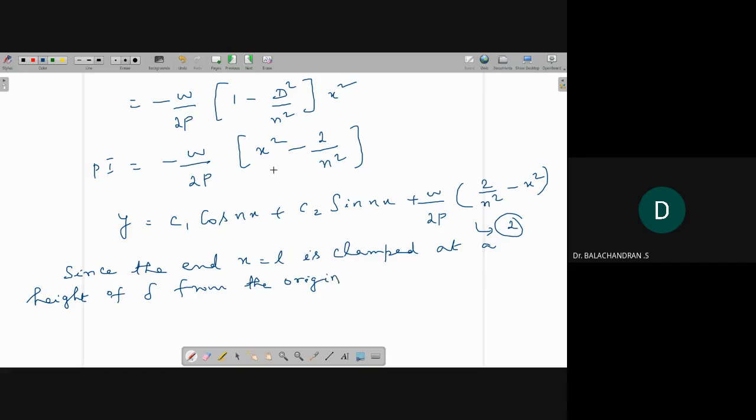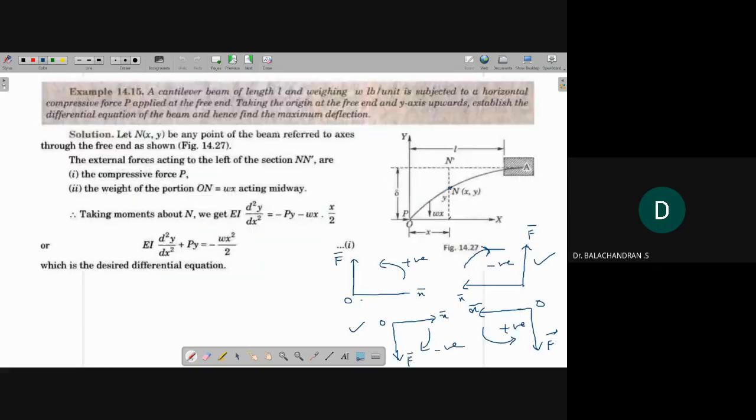I think you can see in the diagram, delta from the origin. I already told that after the deflection there is a delta here.